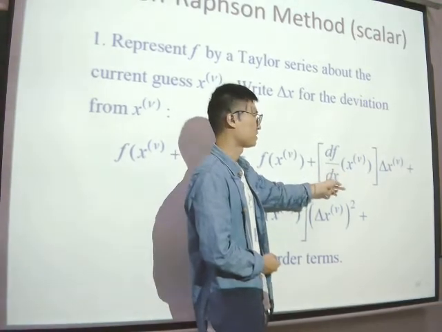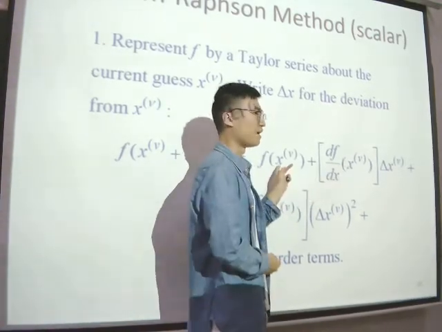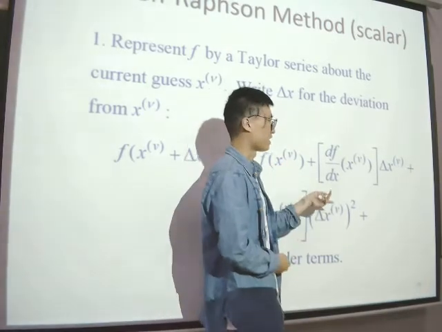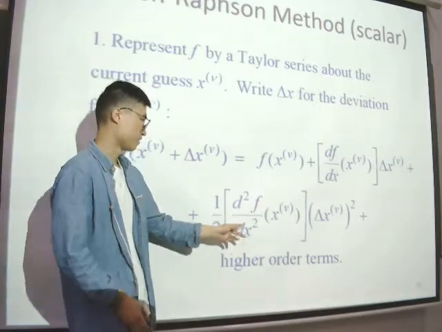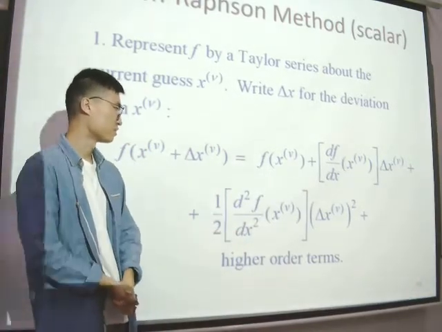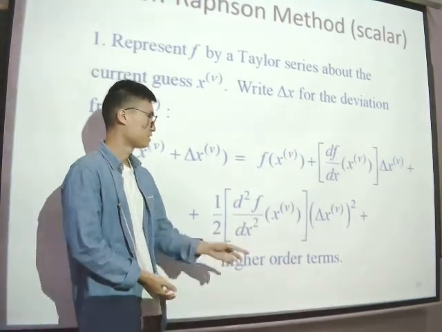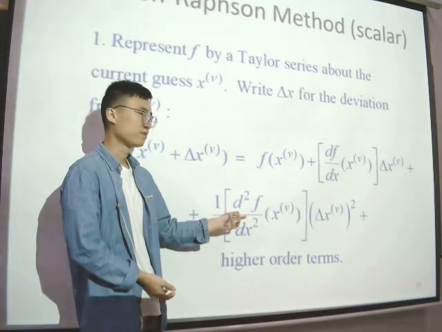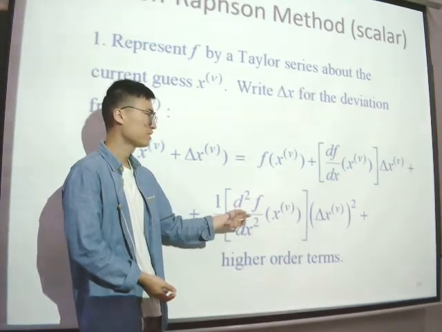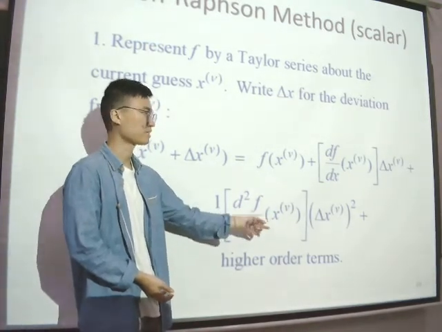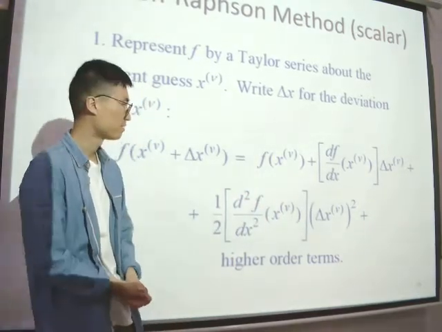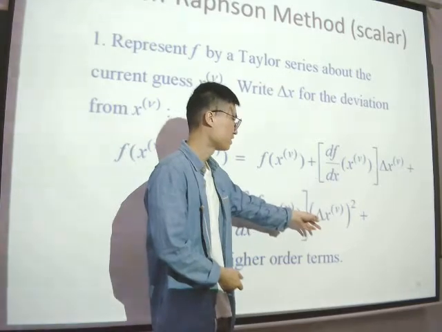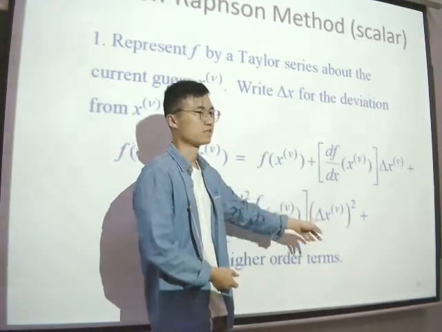the first order is the differential of f with respect to x, multiplied by delta x, and then the second order, the double differentiation of the function by x twice, multiplied by the square of delta x.